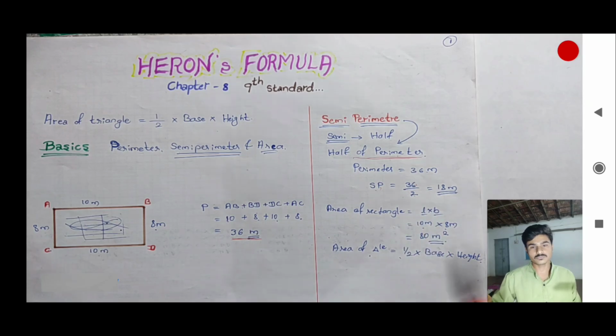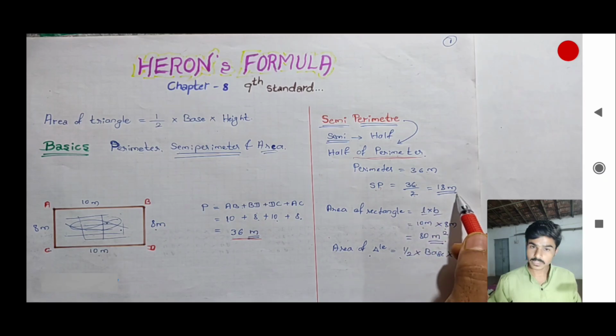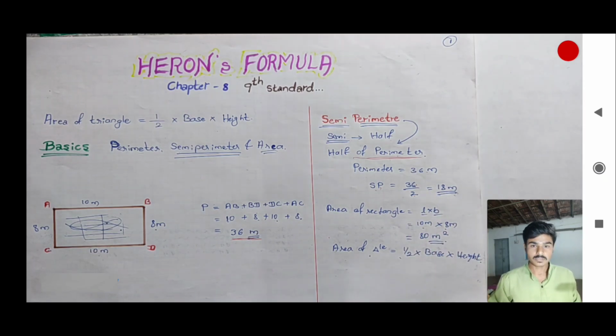Why 2? Because if we divide any number by 2, we get its half value. So 36 divided by 2 is equal to 18 meter. So this 18 meter is the semi-perimeter. If we divide the perimeter into its half, we get the value of semi-perimeter. I hope it is clear.